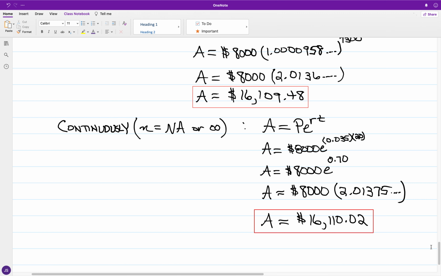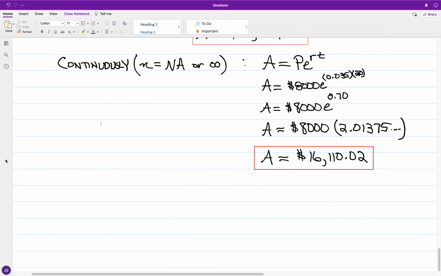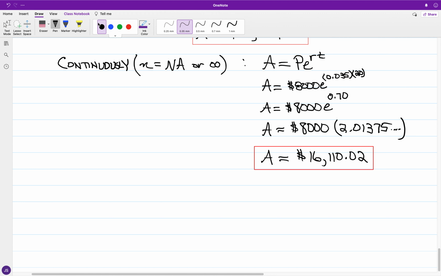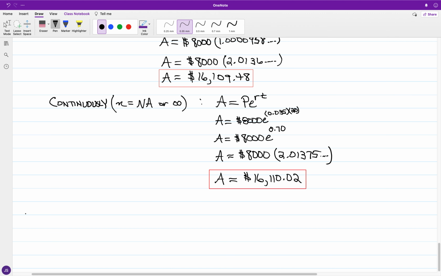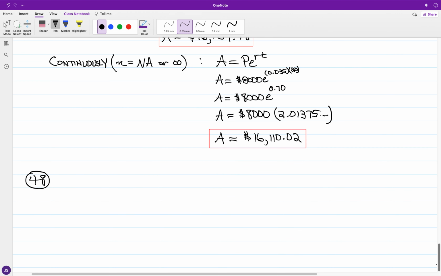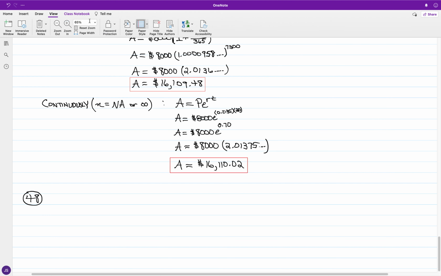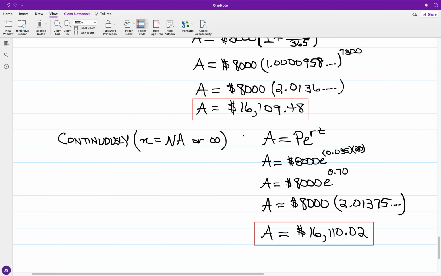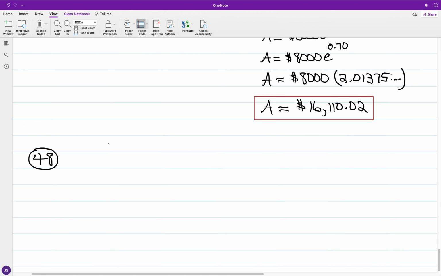Now, looking at an application, in the case of number 48, we're looking at the determination of, once again, future value, and we're looking at continuous compounding. We're starting out with the same principal, the same time span, but with change-ups for the interest rates.